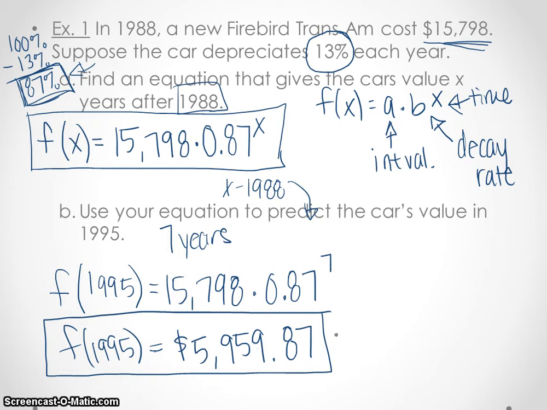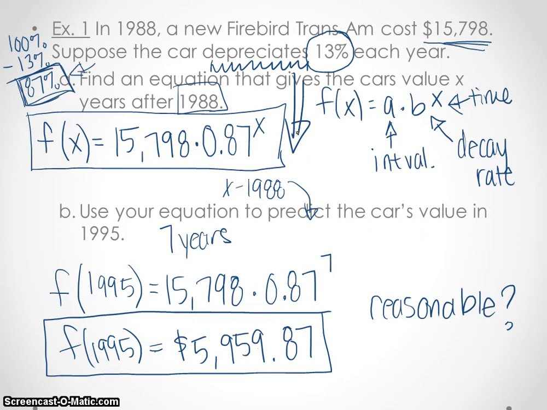Now, always double check and make sure: is your answer reasonable? By this word depreciate, that should indicate to you that the value is going downward. So you should say, well, it should be less than what I started with, which was my 15,000 here. Is ours less? Yes, it is.